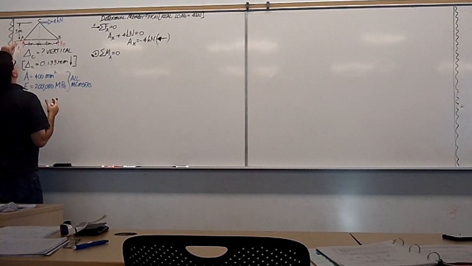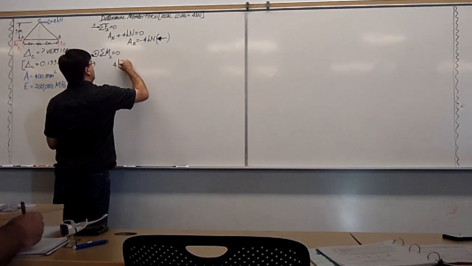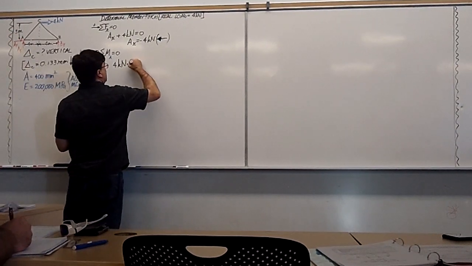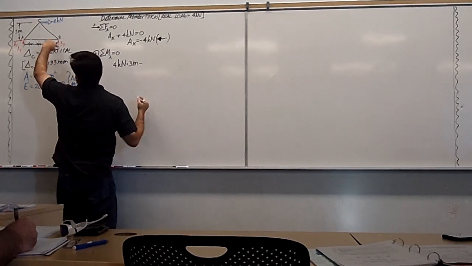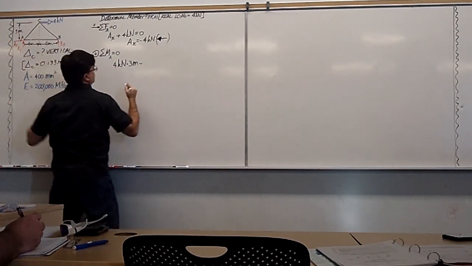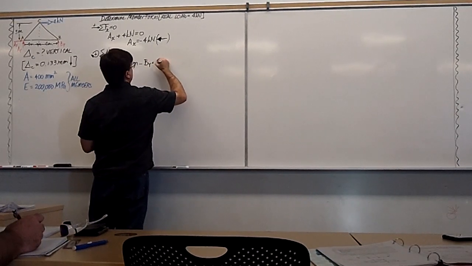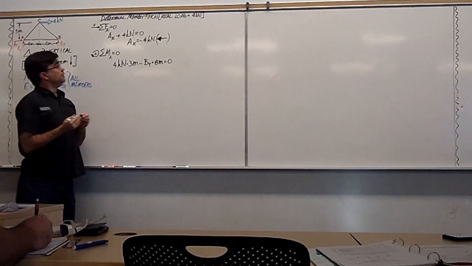So the moment equation becomes 4 kilonewtons times a distance of 3 meters minus, because this By is causing a counterclockwise moment, By times a distance of 8 meters. All of this equals 0.